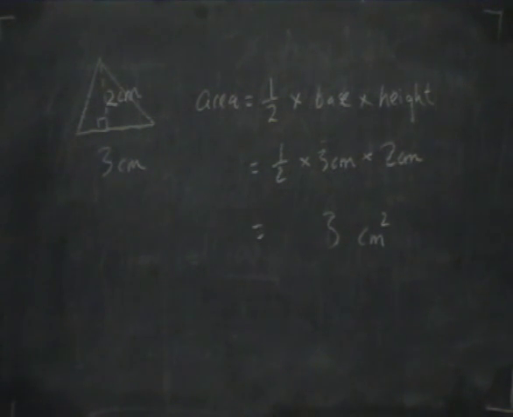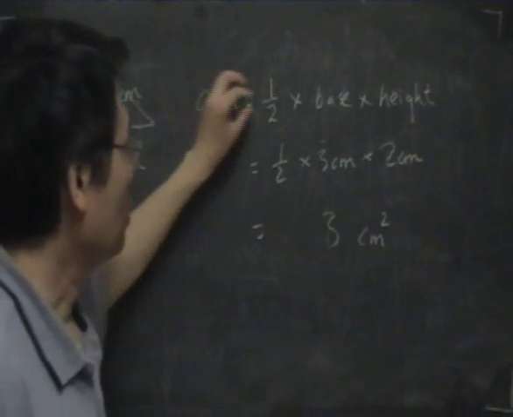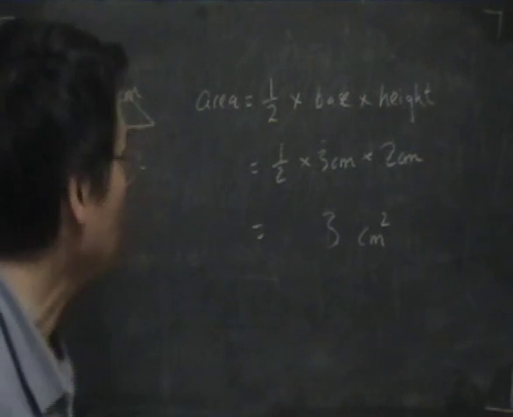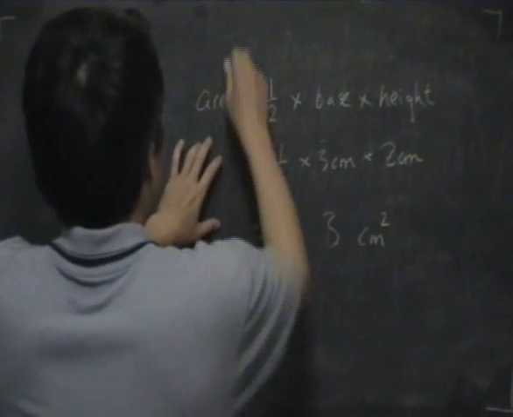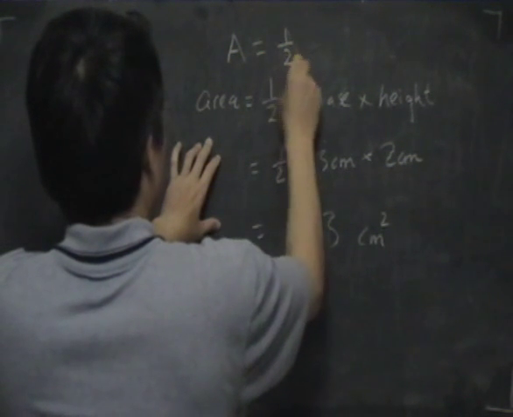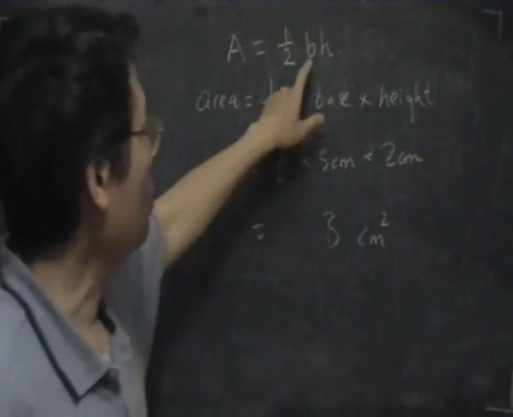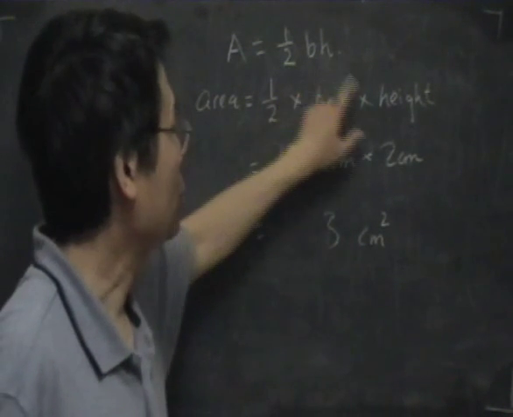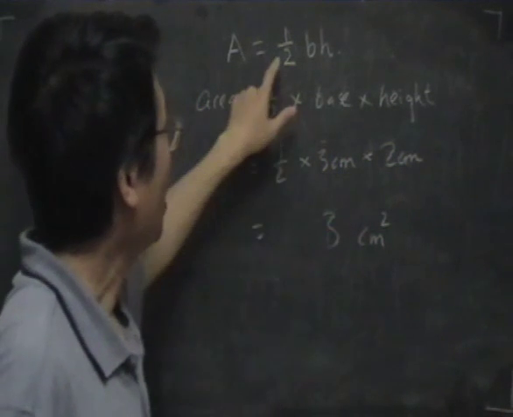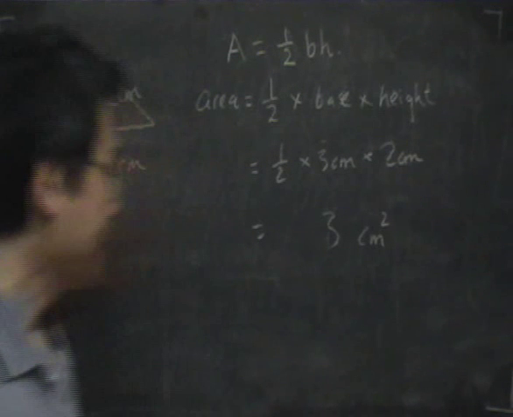So that's the area of a triangle. So again, we can make up some symbols to have a simpler formula. You would often call this A equals half BH. So B for base, H for height. Half base times height. That's a triangle.